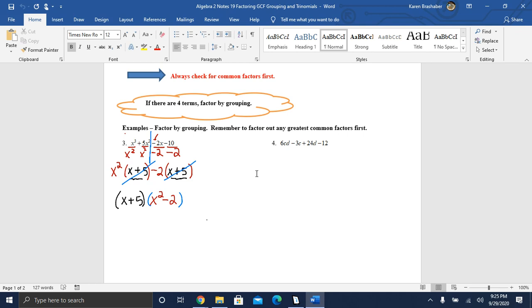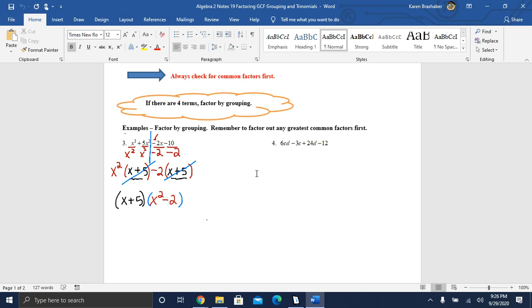All right, so let's take a look at your next one. Now, I had told you to always remember to take out a greatest common factor first. It's been my experience that many students do not recognize that. So I'm going to start this problem by not recognizing that I could take out a common factor and show you how you can discover that you forgot that and how to fix it.